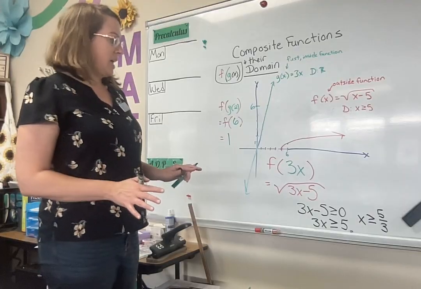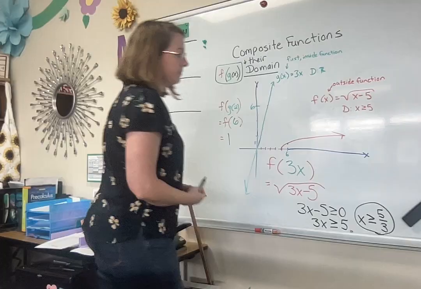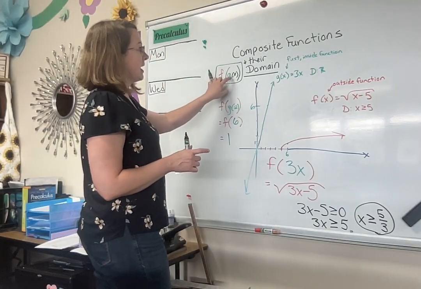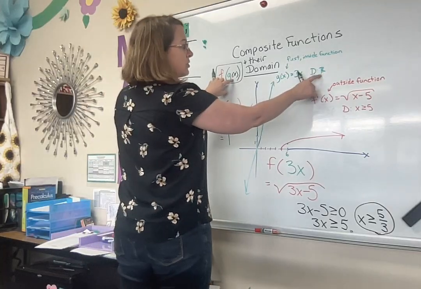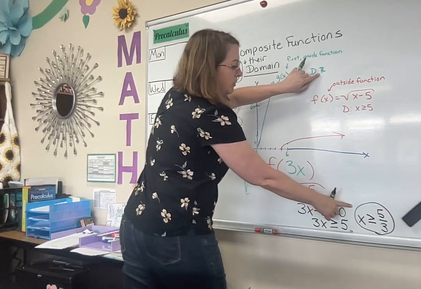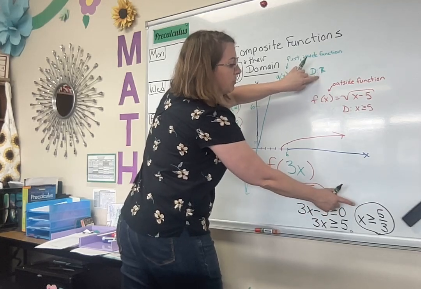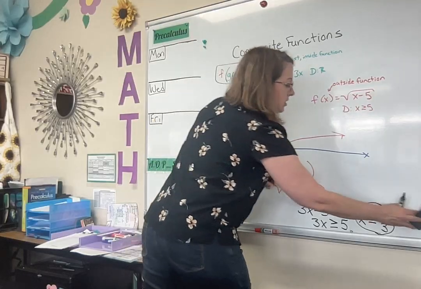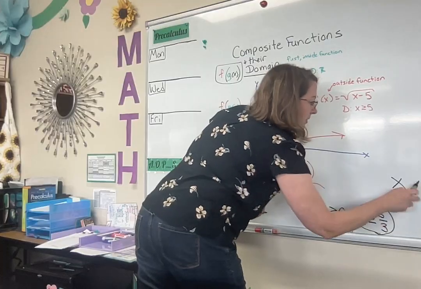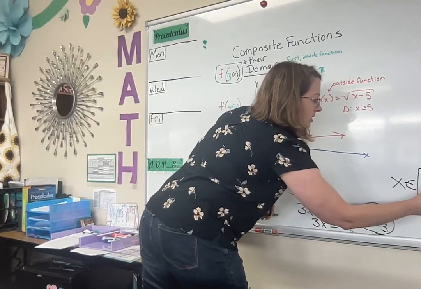So the domain of our composite function is 5/3 to infinity, and the domain of our inside function is not restricted at all. So the domain of our composite function is whichever of the two is most restrictive, whichever x values work for both of these domains. And so the answer would be this one here. X is in the interval from 5/3 inclusive to infinity.